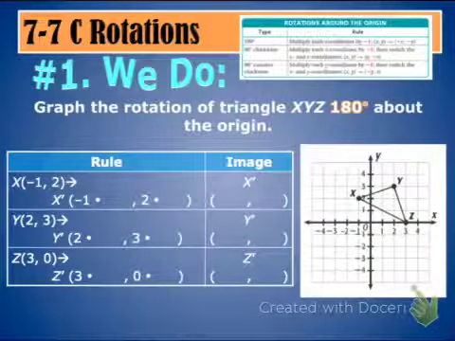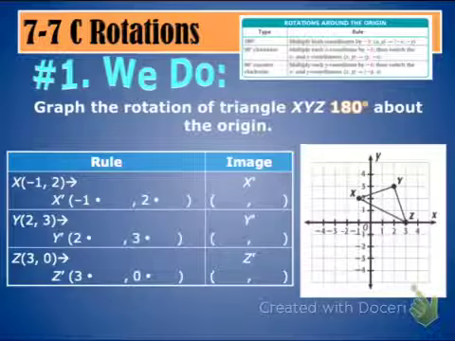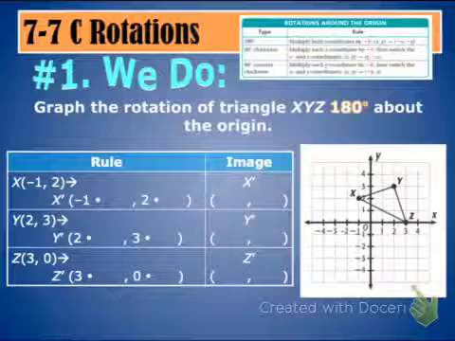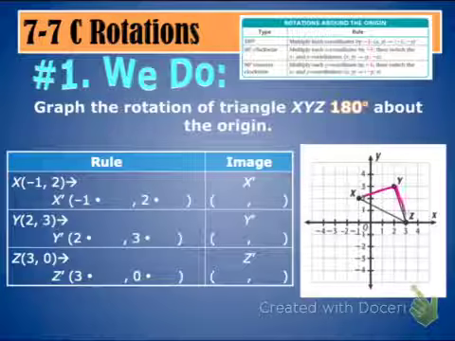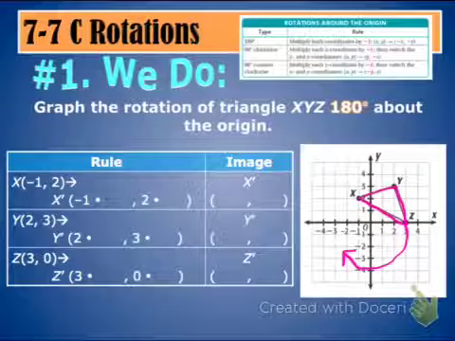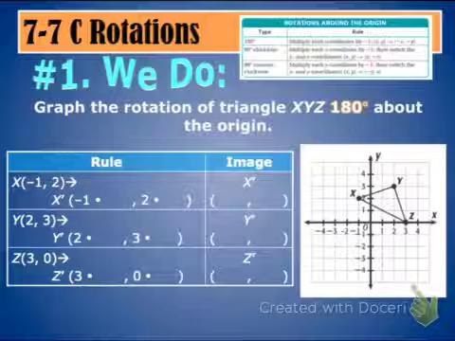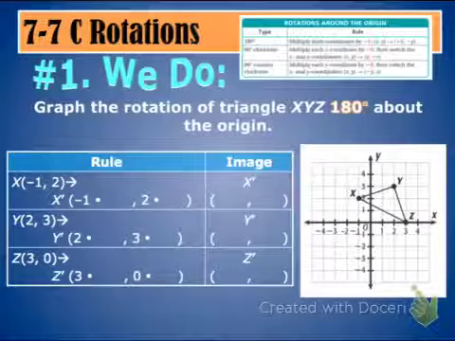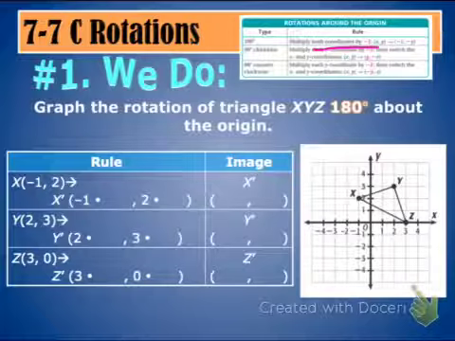So our first example is to graph the rotation of the triangle 180 degrees. So this is the one where we're going to be taking our image and going 180 over into this quadrant. So we're going to be using our rule at the very top here, which is to multiply both coordinates by -1.